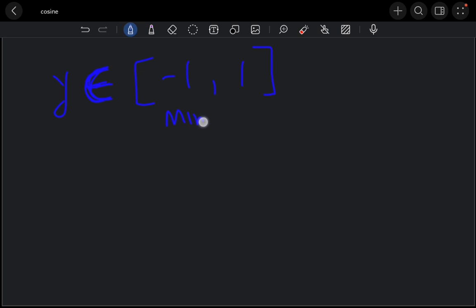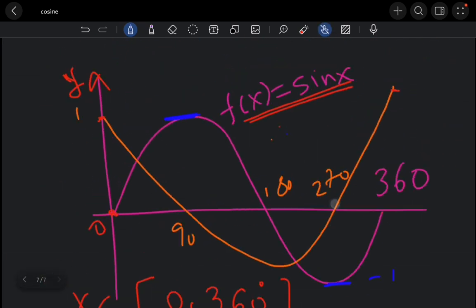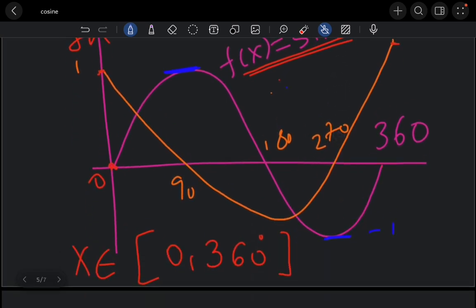Min, max, turning points. Okay, so we know that the range of these functions is -1 to 1, and the domain is from 0 to 360.